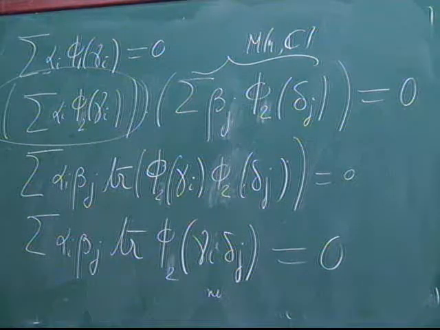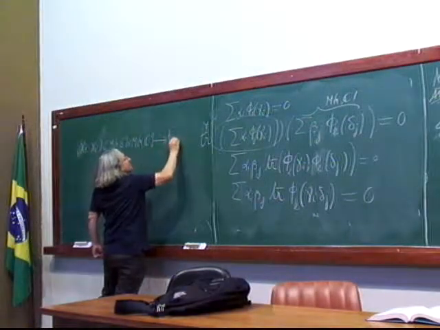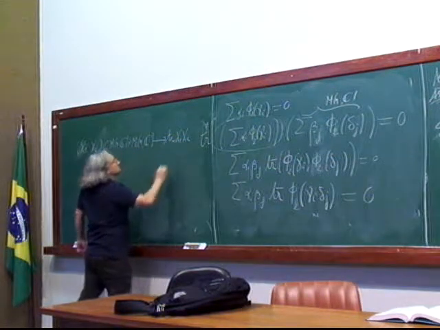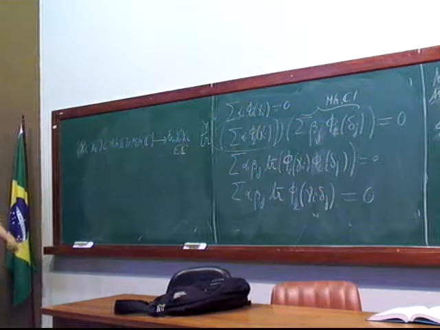The function x1, x2 in M n C gives trace x1 x2 belonging to C. This is a bilinear form which is non-degenerate.